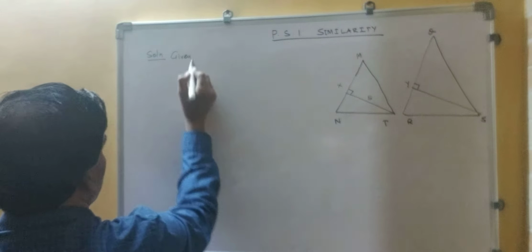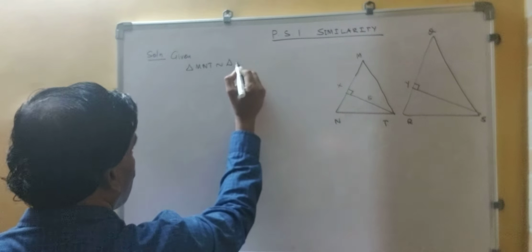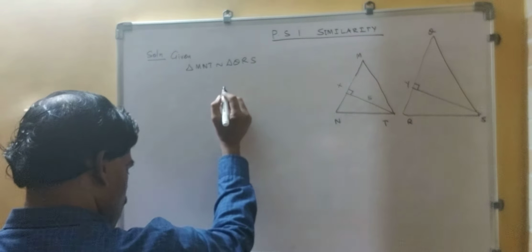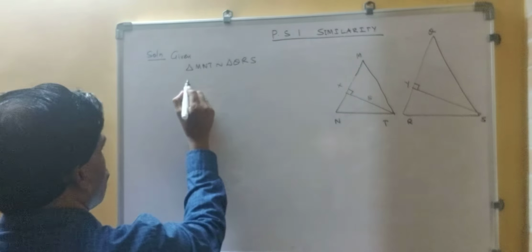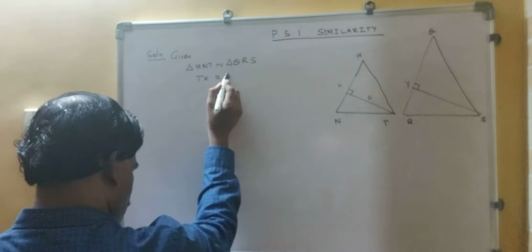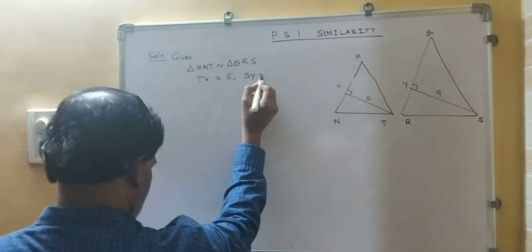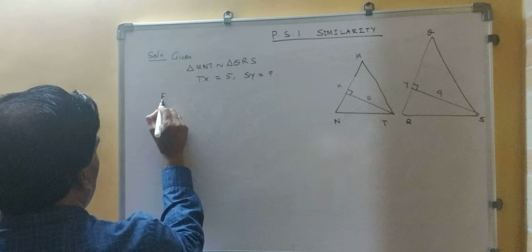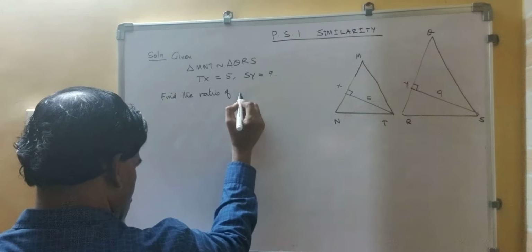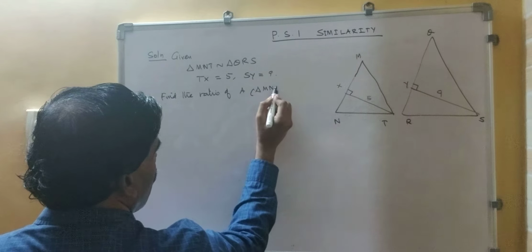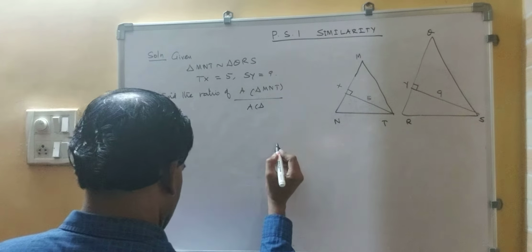Given triangle MNT is similar to triangle QRS, and this altitude TX equal to 5 and SY equal to 9. Find the ratio of area of triangle MNT upon area of triangle QRS.